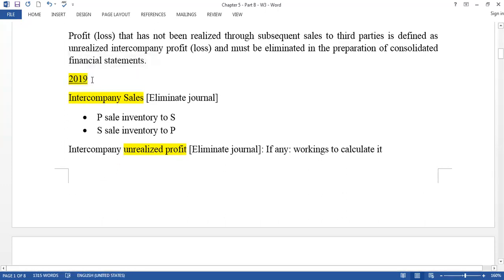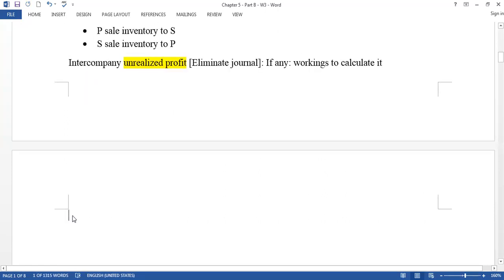When we go from 2019 to 2020, then be careful about upstream or downstream. Do you understand?